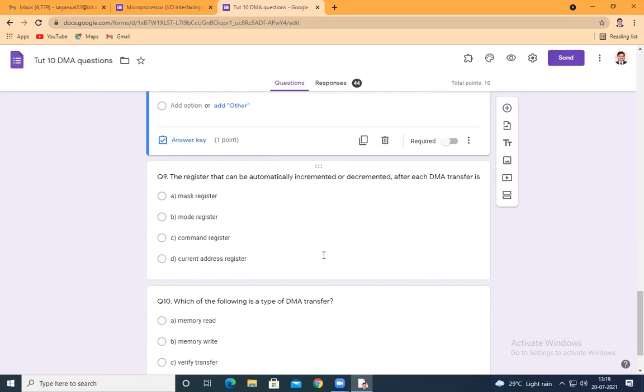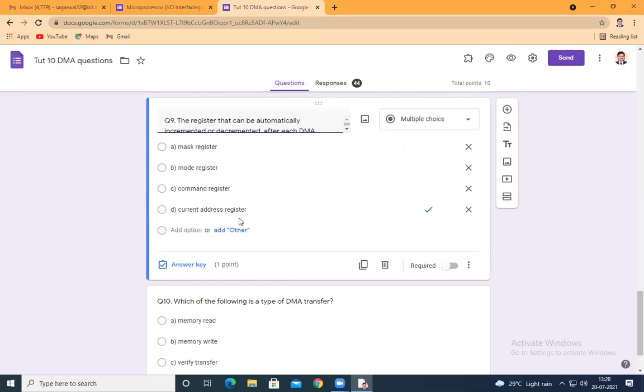The register that can be automatically incremented or decremented after each DMA transfer is neither the mask register, nor the mode register, nor the command register. It is the current address register, because once one byte has been transferred from an address, it has to be incremented or decremented for sending the next byte.